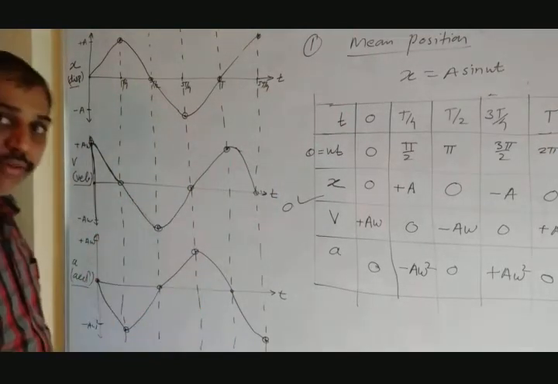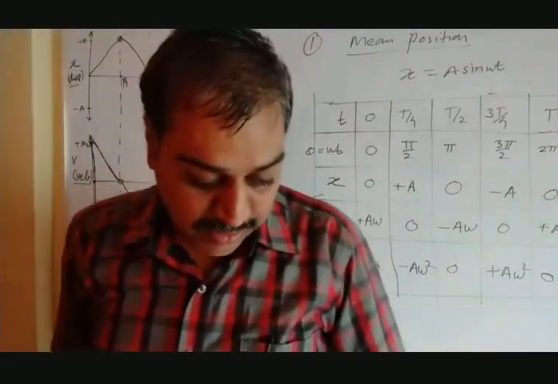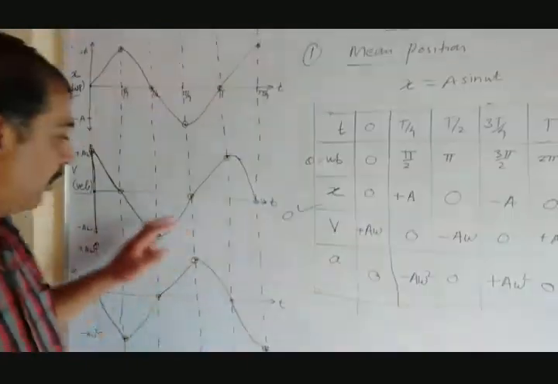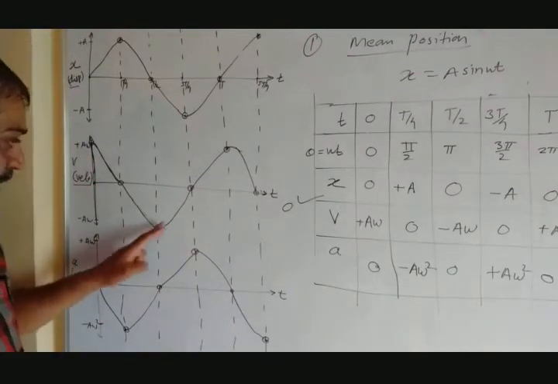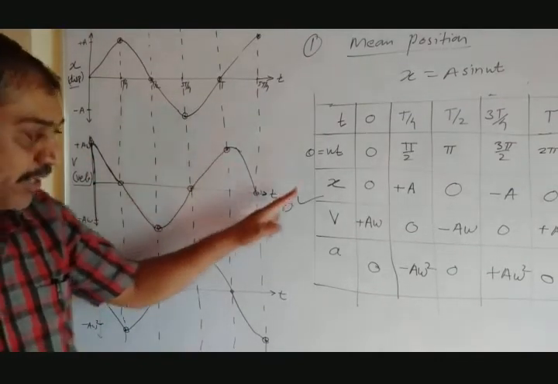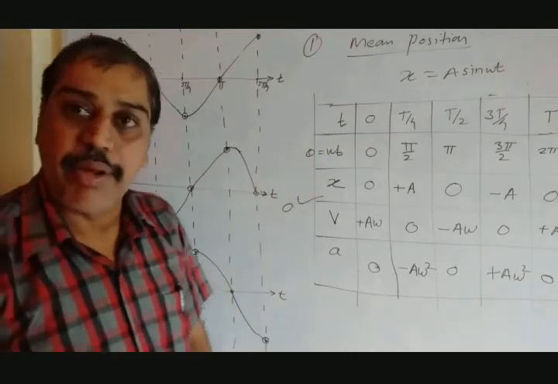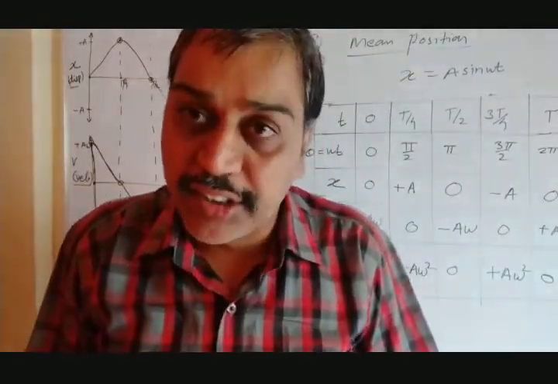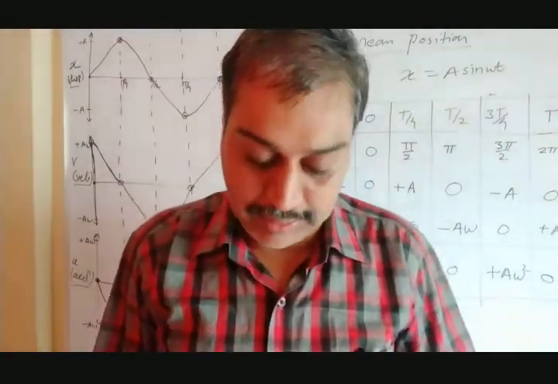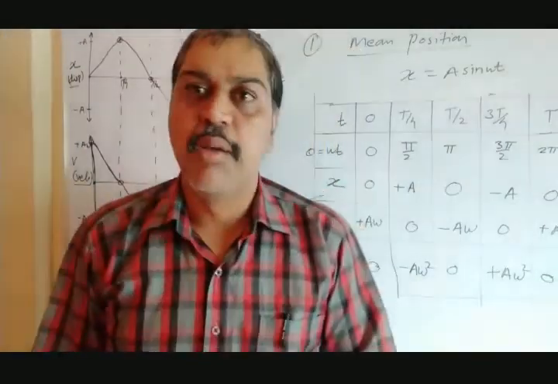So that is the first thing: displacement also, velocity also, acceleration also. It starts here, goes here, and is repeated again. So these are periodic curves, periodic functions, meaning the motion is periodic. And we know simple harmonic motion is a periodic motion.